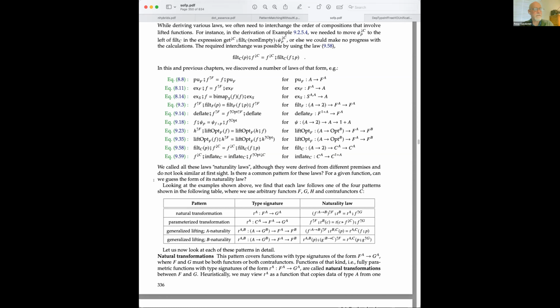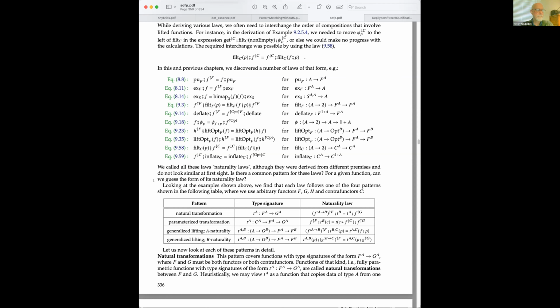So that's part of his contribution to the world, I guess: the laws for filterable functors. That's why this whole chapter is kind of on that.